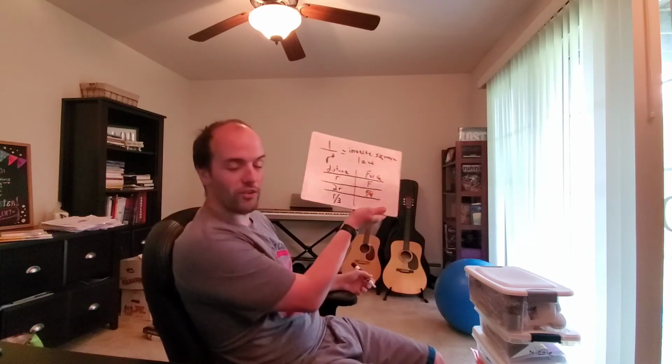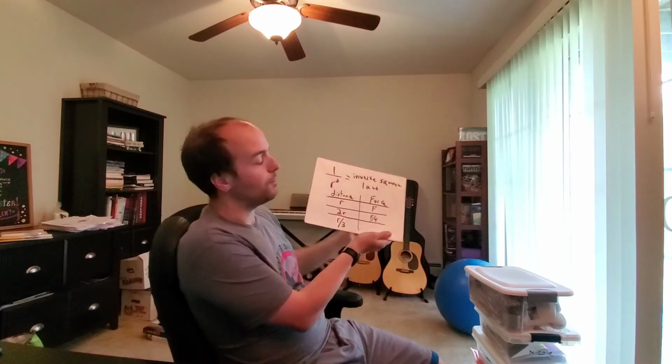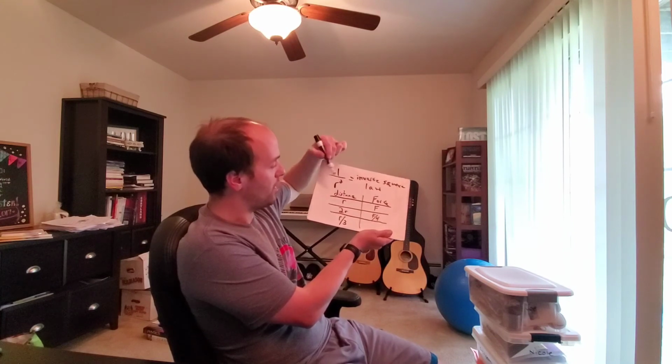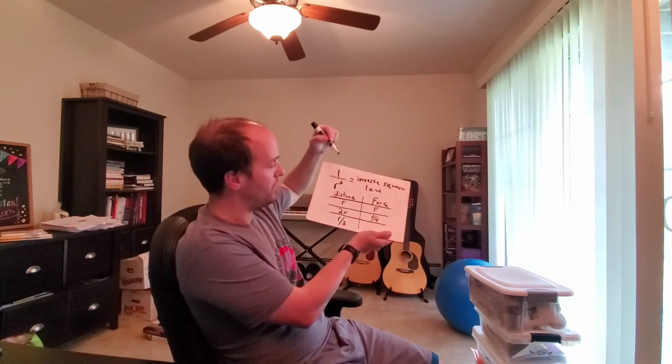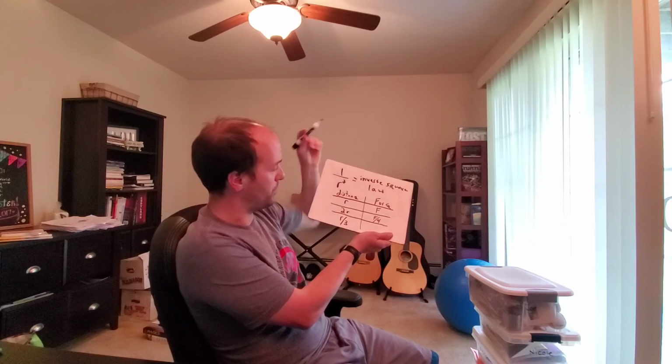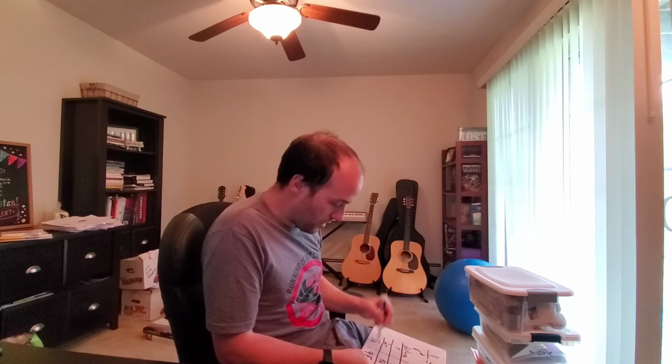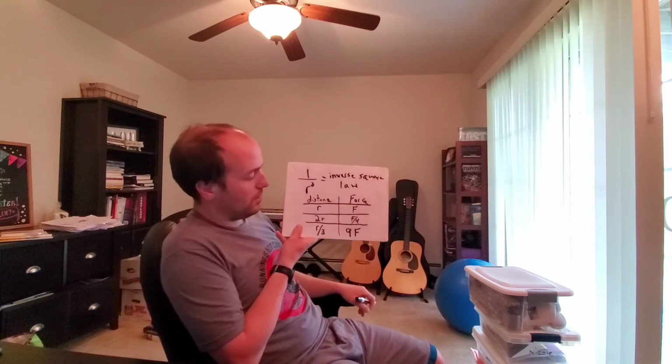On the flip side, let's say you cut the distance to a third, so you have r over 3. If you have r over 3 all squared, you end up with 9 over r squared, because 3 squared is 9. So what you'll end up with is 9 times your force.